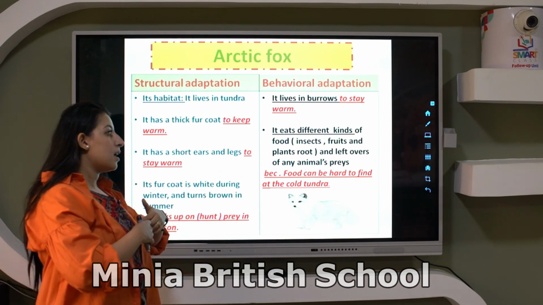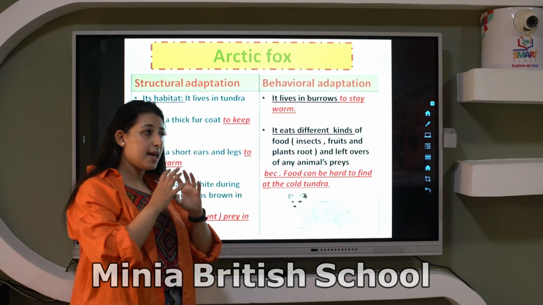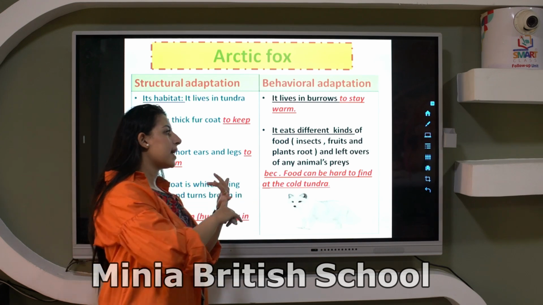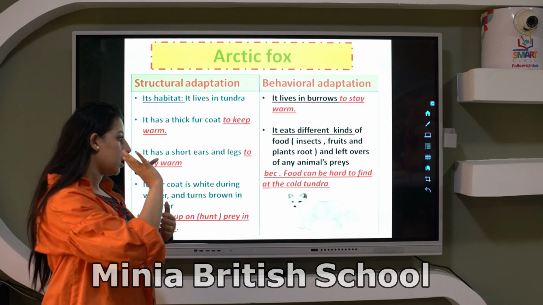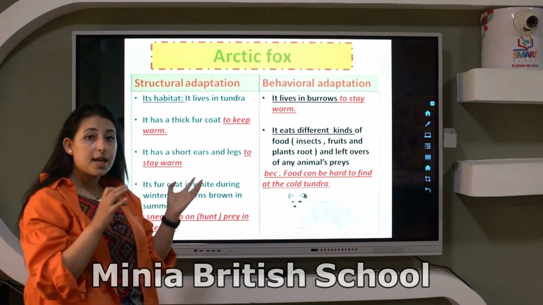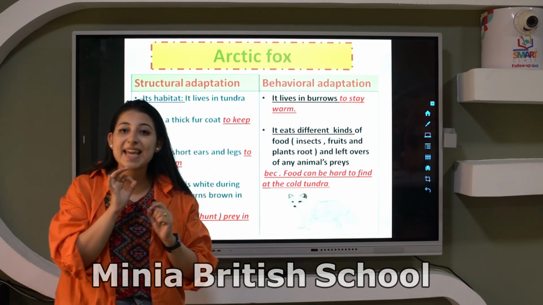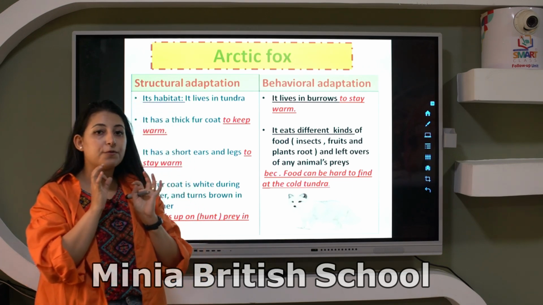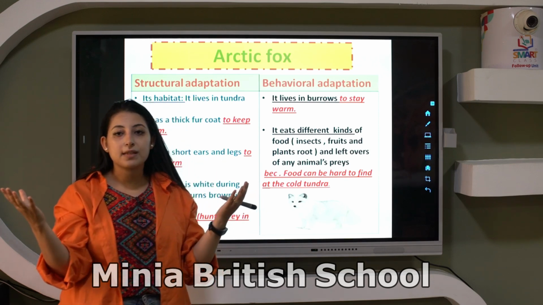It has fewer choices, so it can eat all types of food: insects, fruits, plant roots, any animal in front of it. Okay, it can also stay in burrows. It searches for burrows, but not to stay cool; to stay warm, unlike the fennec fox. So we have to differentiate between the fennec fox in the desert and the Arctic fox in the tundra.